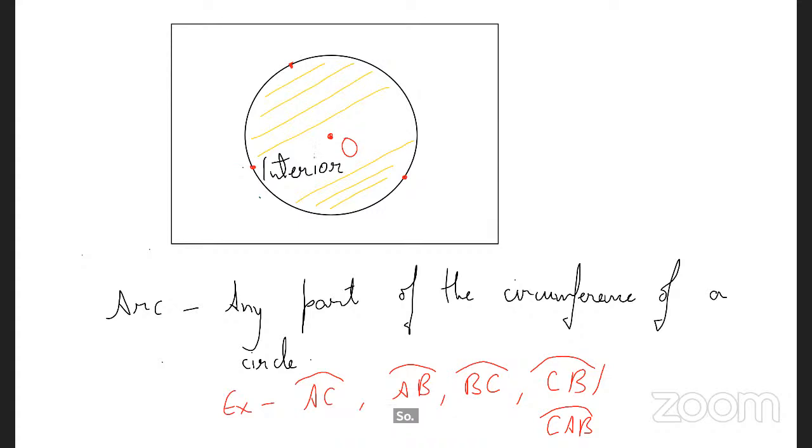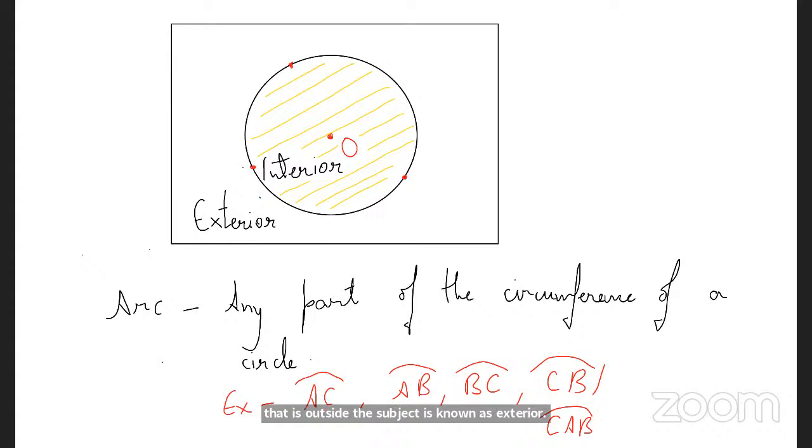Then there is the part that is outside the circle, known as the exterior of my circle, and this is my circle.